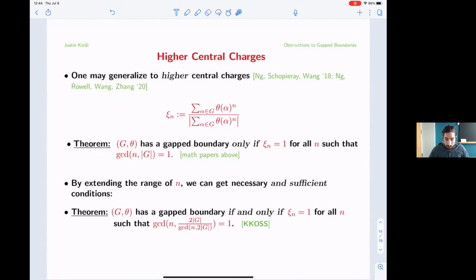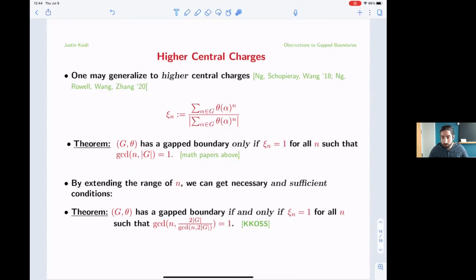This gives me necessary conditions for the existence of a gapped boundary. It's necessary that these be true.